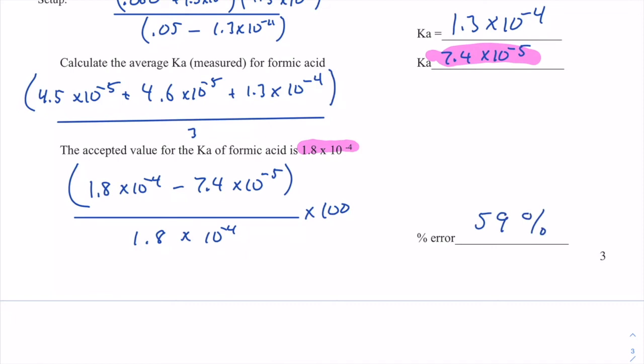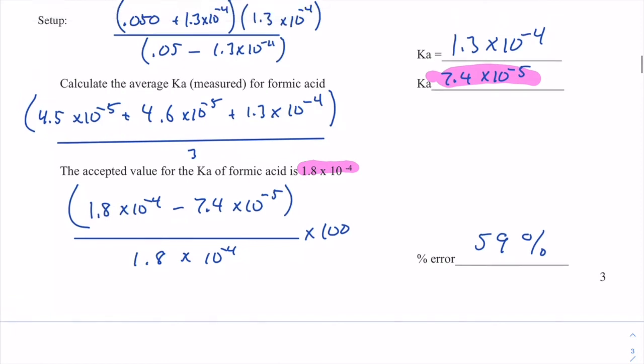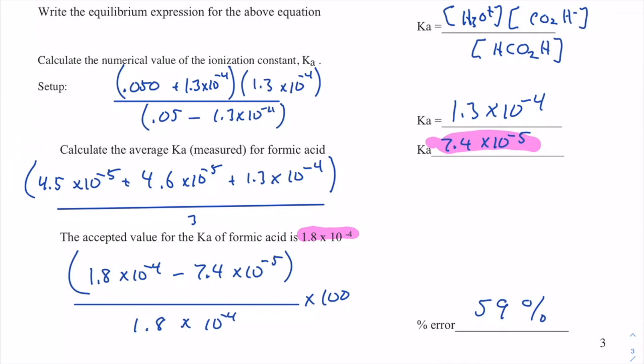And some of you would think, whew, that's terribly high, especially after titrations where we want you to be under 1% error. How come we have 59%? Is that terrible? Well, the answer is, when we're measuring equilibrium constants, it's quite common to have an error that's rather high. 59% is not a terrible error considering those pH pens.